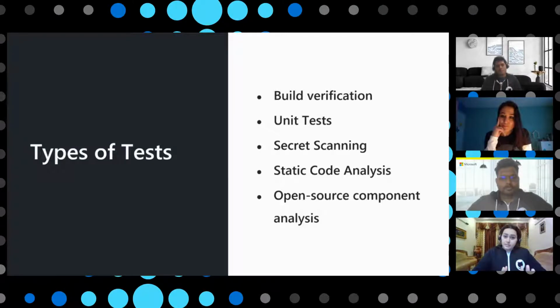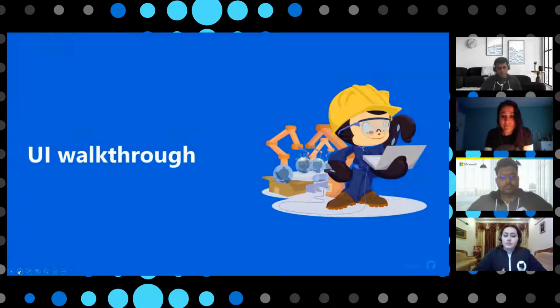There can be several tests included from a security standpoint, but I'll not deep dive into that part because our next session, session 5, is dedicated especially to security. For the scope of this session, I'll just focus on build verification and the unit test part. Having understood this, let me quickly show you how these build verification tests and the unit tests can be included in the CI workflow.